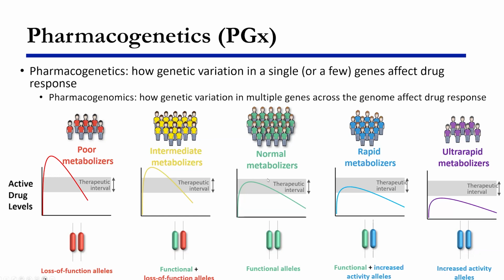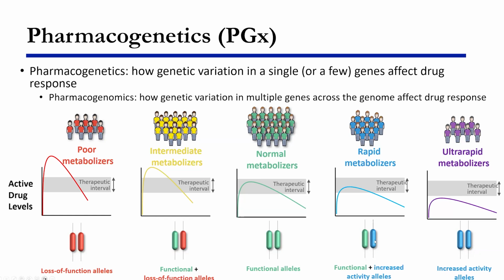And then you have the normal metabolizers, which are really the group that are going to do the best on whatever given dose. They're usually the largest percentage of the patient population, and they were basically who the drug and the drug dose were designed for. Obviously, if you have two functional alleles, the enzyme works as expected, and you get a therapeutic drug level.